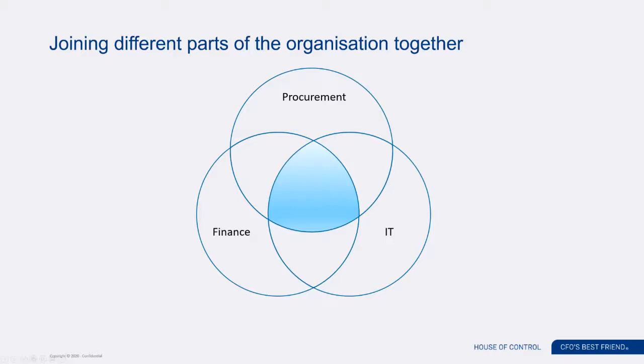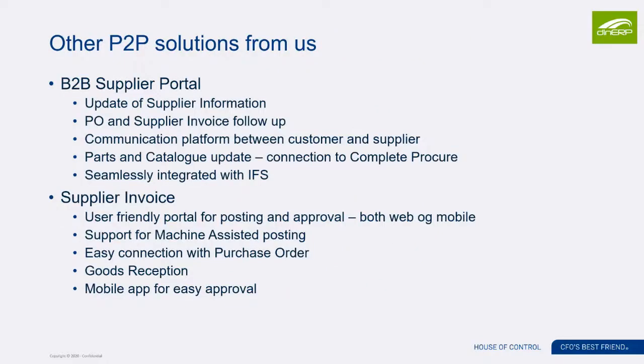So this is what I wanted to say about Complete Procure, but we also have some other important things from DinERP House of Control that are parts of the purchase to pay suite that we deliver. The first part is the B2B supplier portal, where the supplier updates their own information, and where you can follow both purchase orders and supplier invoices on the business-to-business portal.